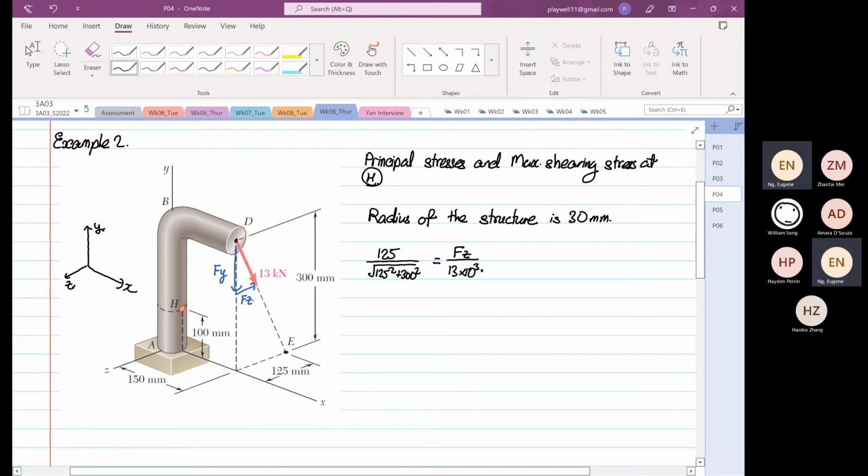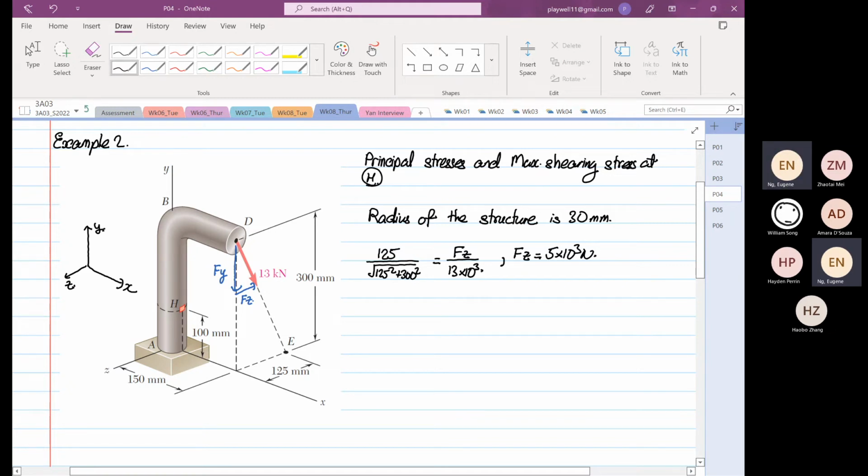You probably learned this before. Therefore Fz is equal to 125 divided by the square root of (125 squared plus 300 squared), times 13 times 10 to the power 3, which is equal to 5,000, or 5 times 10 to the power 3 Newton.